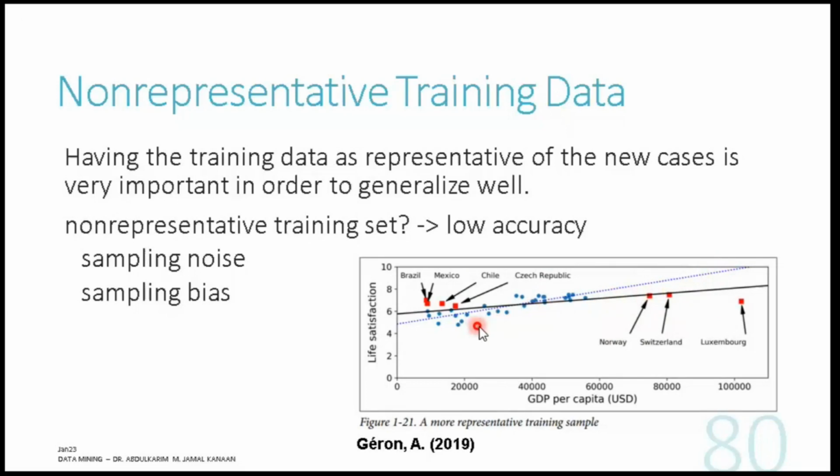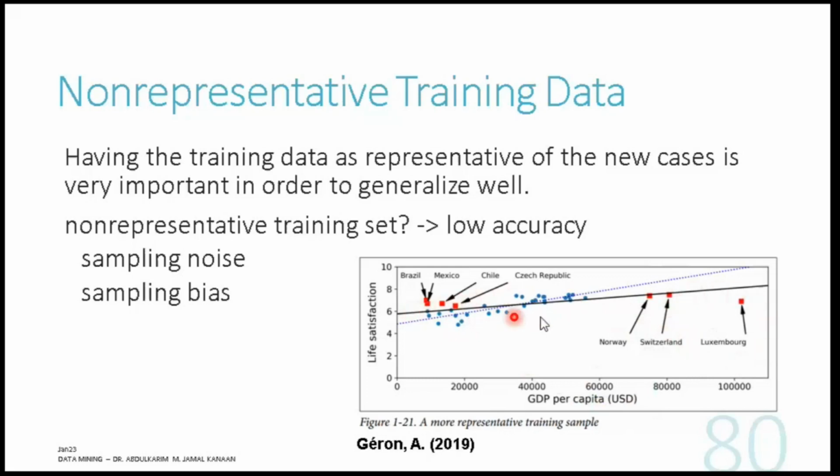Okay? So is this a big deal? Yes, this can be a big deal, because here, this is about GDP per capita in USD for different countries. Here we have Brazil, Mexico, Chile, and so on. We have Switzerland, Norway.